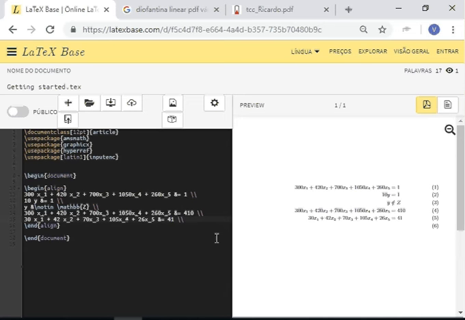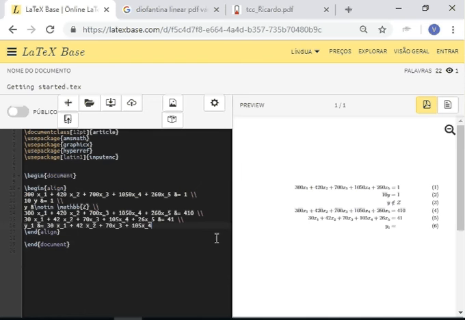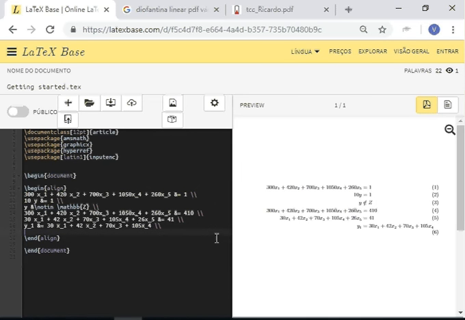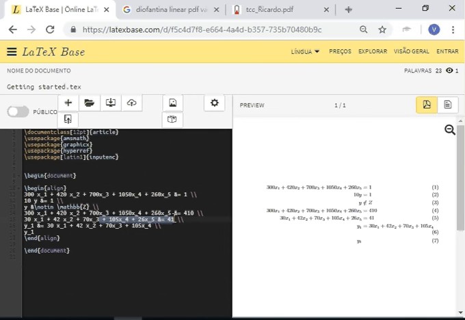Next step, we're gonna rename. My first variable will be y1, this part up to x4 is y1. The next line is y1 + 26x5 = 41.